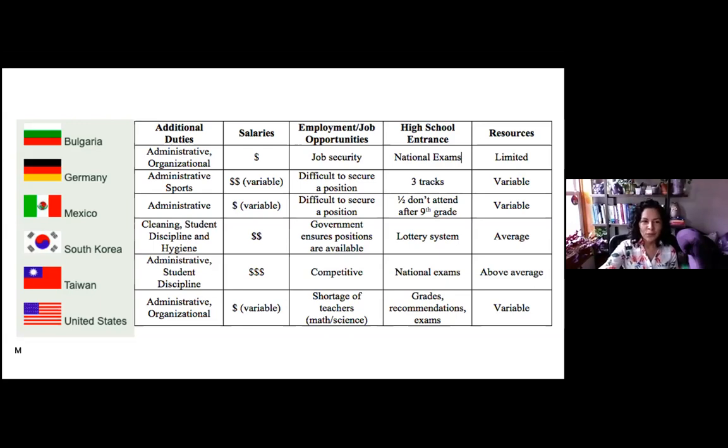And then we have Taiwan, and I feel like Taiwan really stands as the anomaly within this group of countries that we looked at. Teachers' responsibilities, in addition to teaching their content areas, include administrative tasks, dealing with student discipline, even family issues in some cases. They don't just teach their content area, many times they teach other content areas.